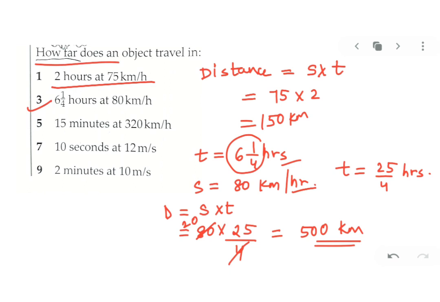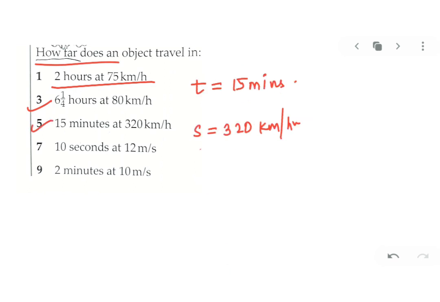Shall we jump on to problem number 5? In problem number 5, you will notice that the time is given in minutes, but your speed is in kilometer per hour. So you have to make the units equal. For that you have to divide 15 by 60 to convert into hours. So time will be 15 upon 60.